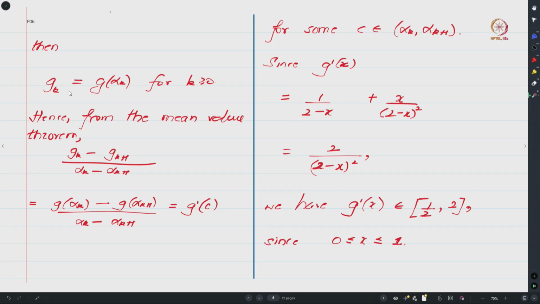and hence I have written gk is g of alpha k, right, and hence if you invoke the mean value theorem, one can now conclude that gk minus gk plus 1 over alpha k minus alpha k plus 1, which is exactly g of alpha k minus g of alpha k plus 1 divided by alpha k minus alpha k plus 1, this expression must equal the derivative of g at some intermediate value between alpha k and alpha k plus 1, right.